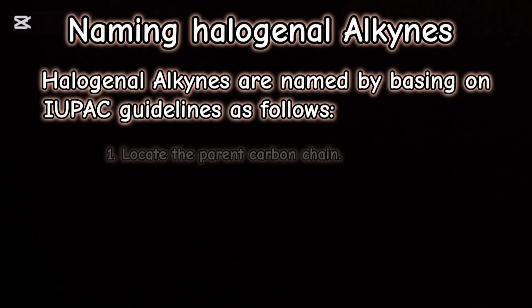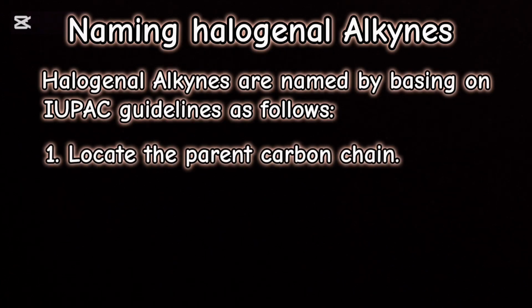Guideline number 1, determine the parent chain in the compound, and in this case, the parent chain must bear the carbon-to-carbon triple bond, in addition to the fact that it is the longest carbon chain in this compound.